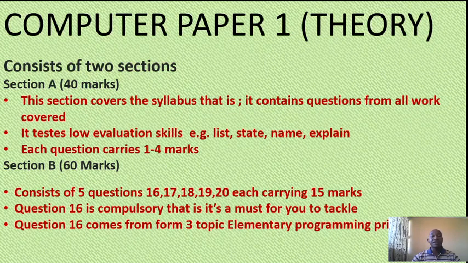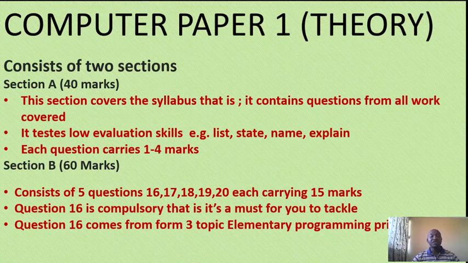This section covers the syllabus, that is, it contains questions from all work covered. That means in section A, you expect questions from Form 1 to Form 4. It takes raw recall skills. When you talk about raw recall skills, that in section A, you will not be told to draw, you will not be told to discuss or expound.